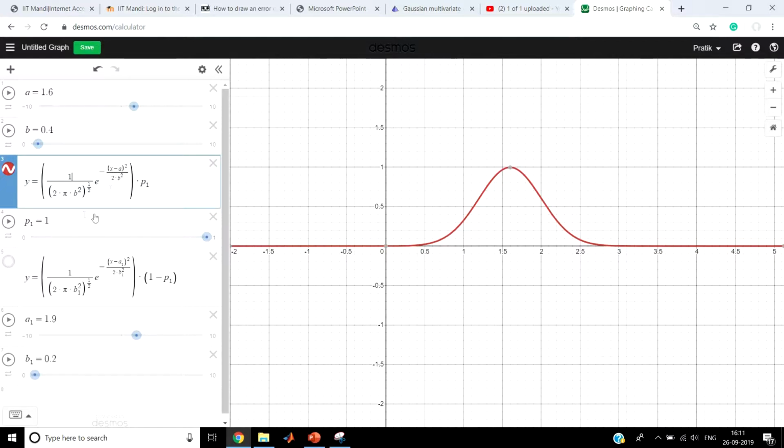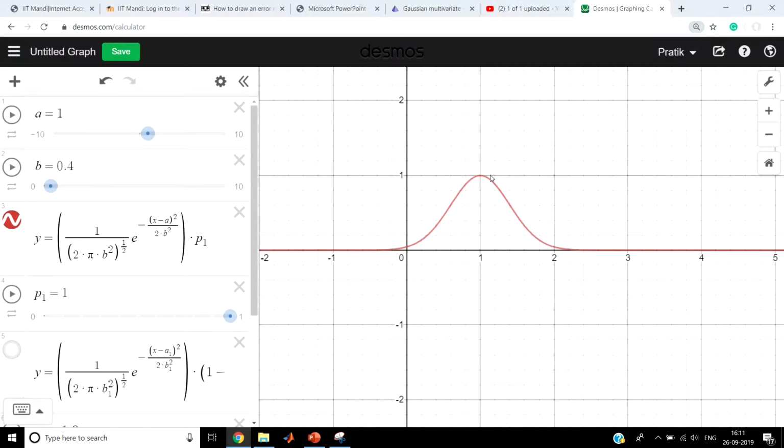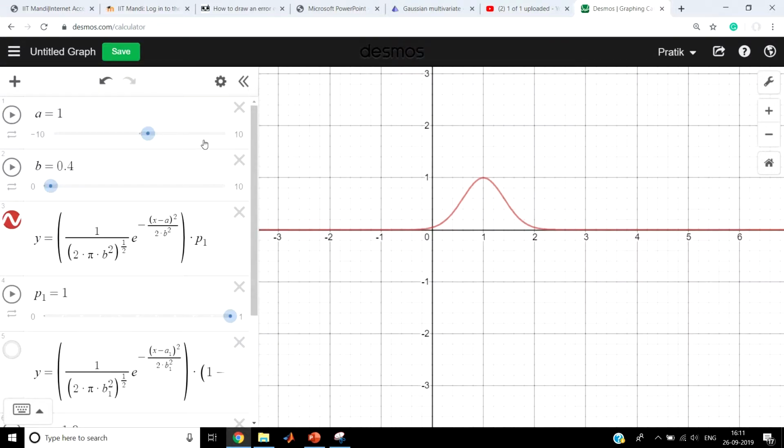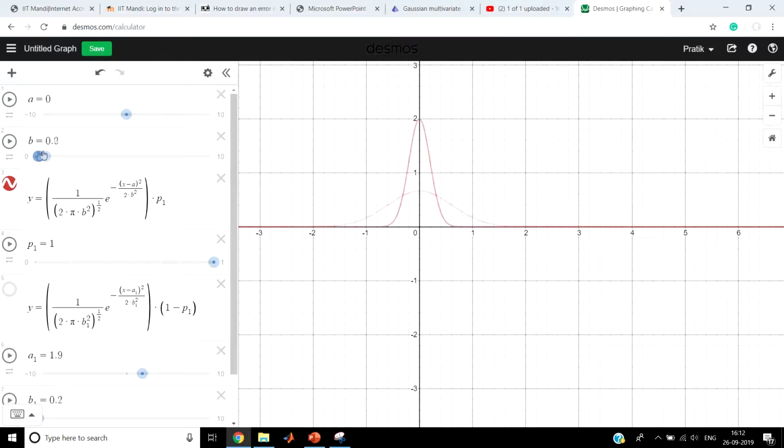So this is the Gaussian distribution formula, and here A is the mean. When I move the mean, it is just moving the Gaussian from here to there. If A is equal to 1, you see the Gaussian distribution is centered at 1. That is an important thing to note. Next, when you change B, you can see that the width of the curve changes.